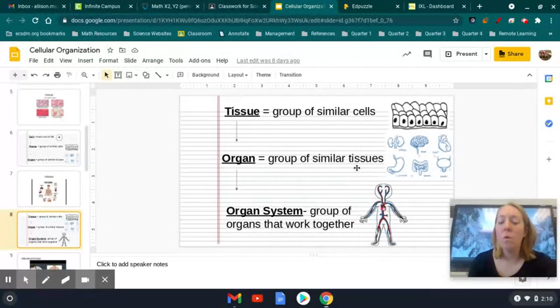Moving down the line to the next level: when you put organs that have the same purpose together, you get an organ system. There's a respiratory system, a nervous system, a skeletal system, a muscular system. All of these different systems do different things. The nervous system is your brain and all your nerves. The muscles are your muscles.